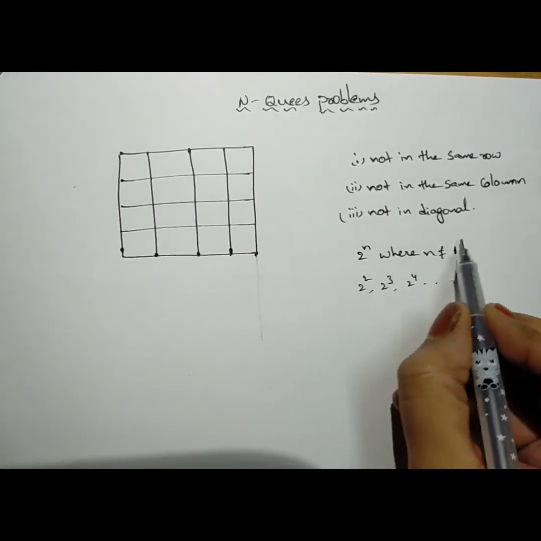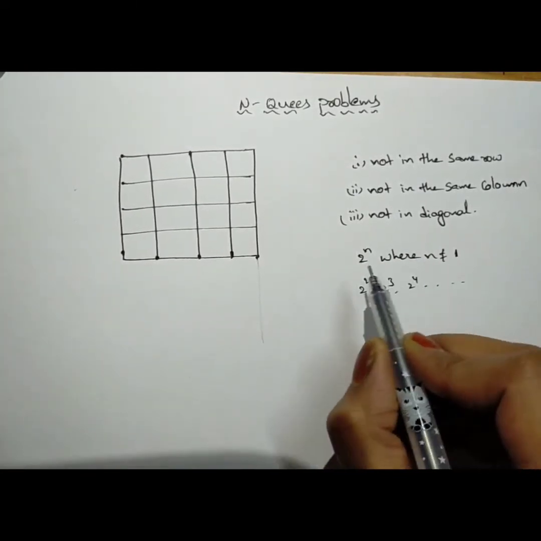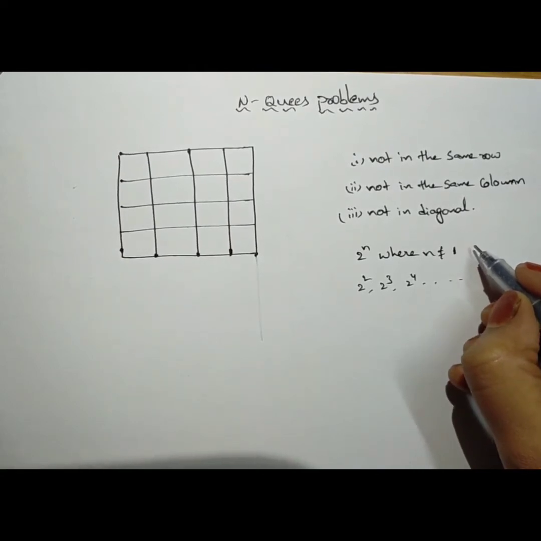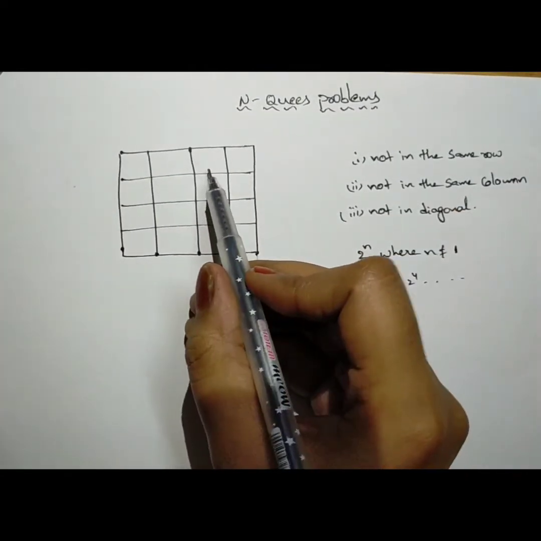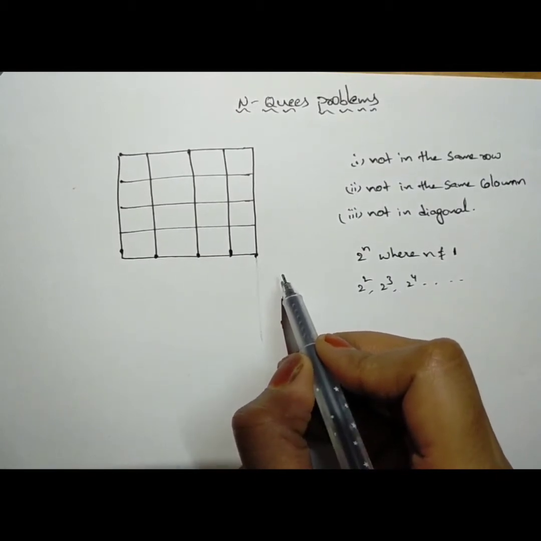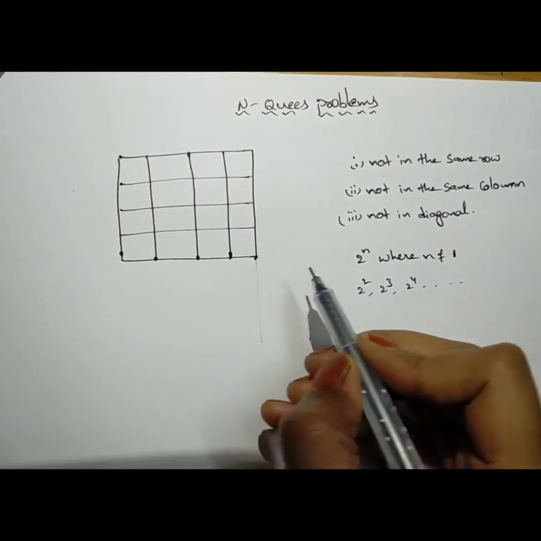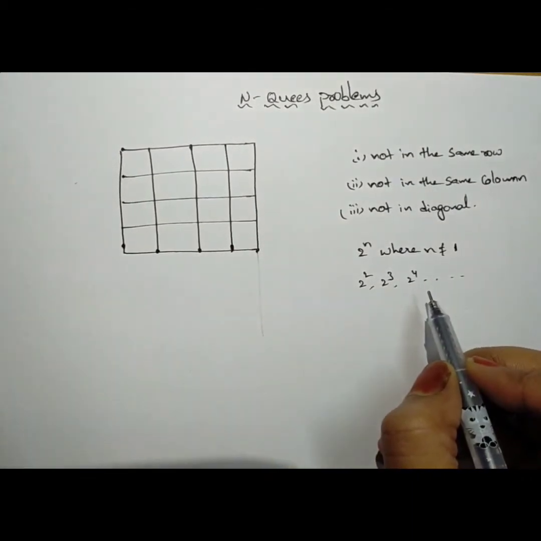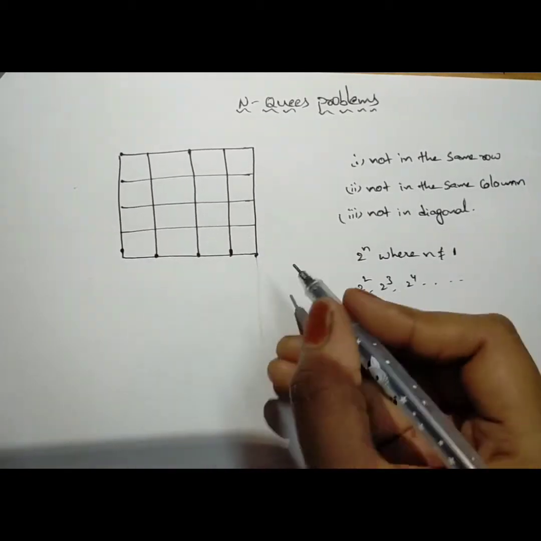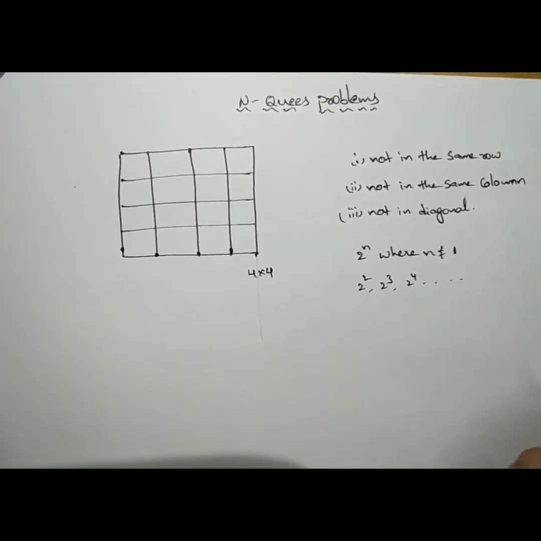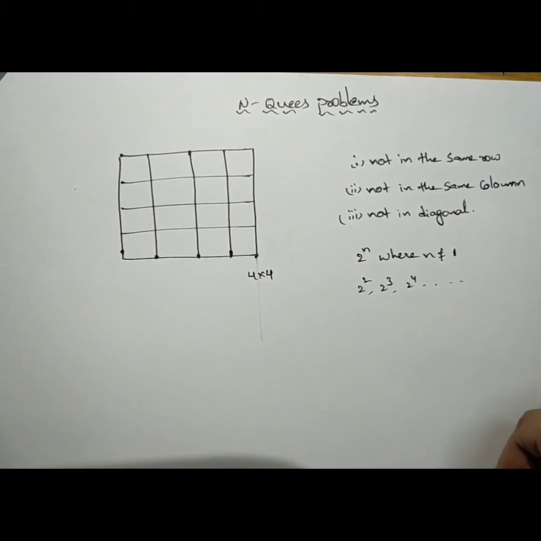But there is a condition that n value is not equal to 1. In this condition, we will not get the solution for the n-queens problem. That is, for 2 by 2 representation, we will not get the solution for n-queens problem. Except this condition, we will get the solution for this problem. For example, for 4 by 4 representation, for 8 by 8, 16 by 16, 32 by 32, like that.